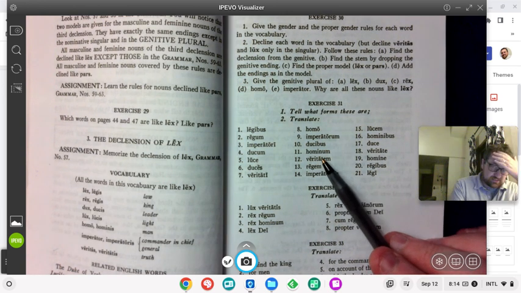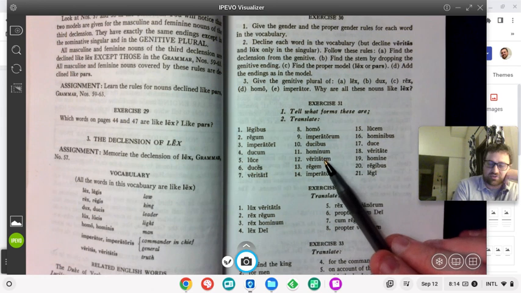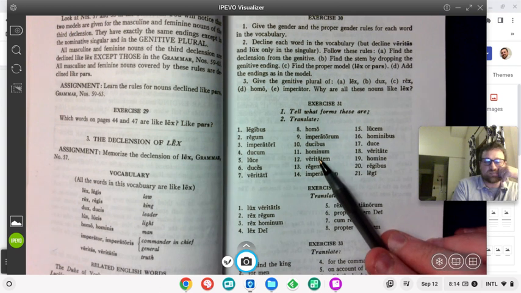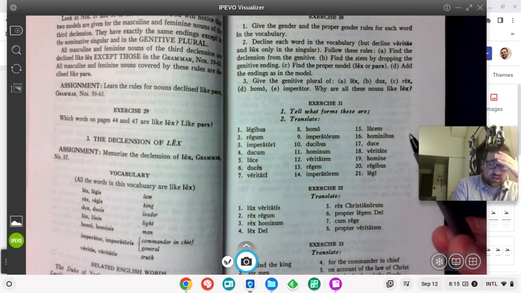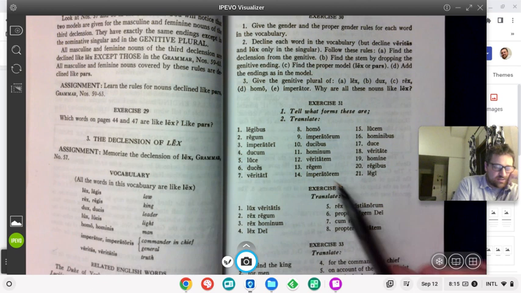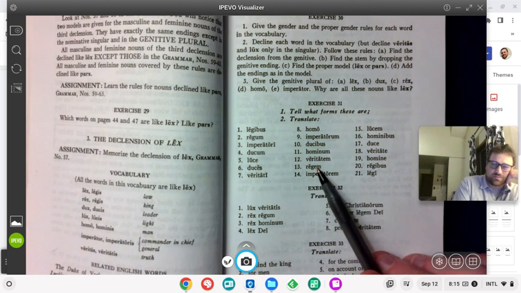Veritatem. Veritas, veritatis is the dictionary form for truth. I can tell that's an accusative ending now, and it's truth. And so the meaning is just the truth. It's for when you verb the truth, when somebody does something to the truth, when somebody sees the truth, or when someone knows the truth, or when somebody has the truth. Whenever somebody verbs the truth, that's the form of truth that we use.